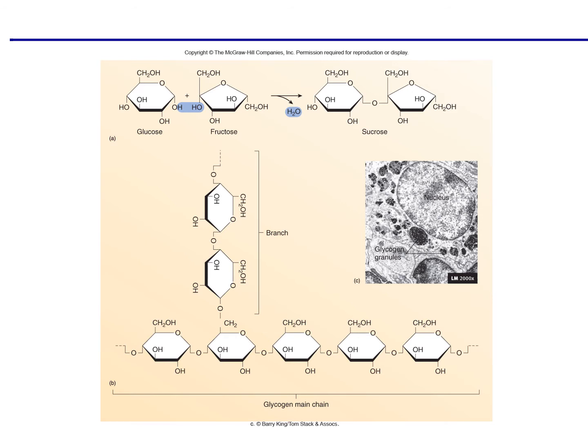When you're low in blood sugar, you will break that glycogen down into glucose, right? So in this figure, A shows the formation of a disaccharide. B shows us a little piece of a very big chain called glycogen.